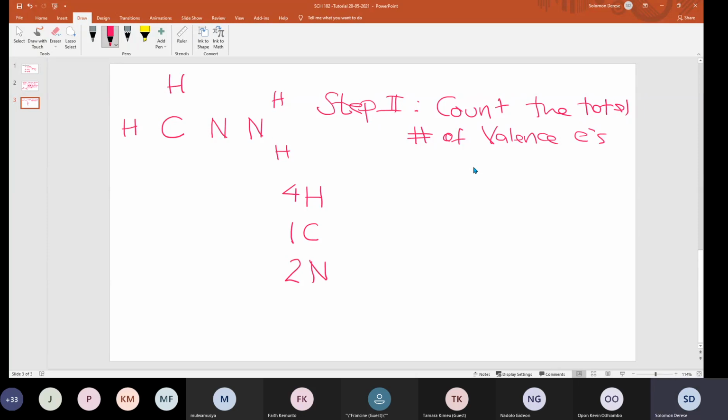These are the elements we have in this particular molecule which are bonded. So we have 4 hydrogens, and the valence electron of hydrogen is 1. Hydrogen has 1 valence electron because it is in group 1A of the periodic table. So the number of valence electrons as a result of the 4 hydrogens is 4 electrons.